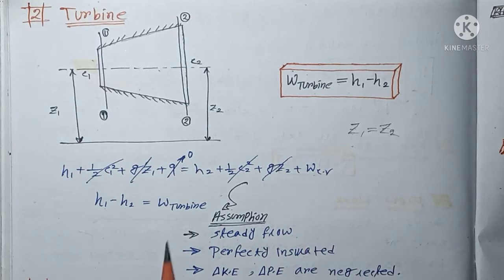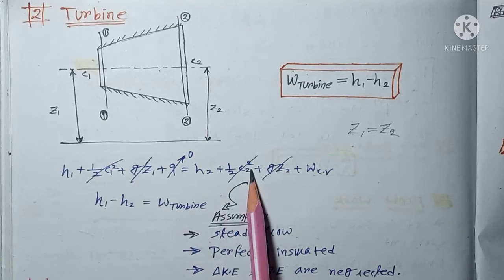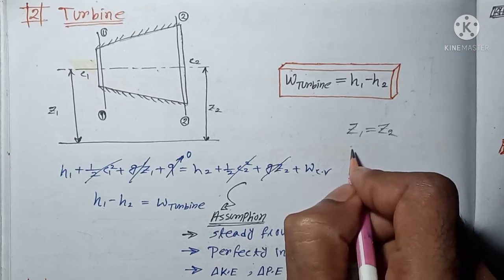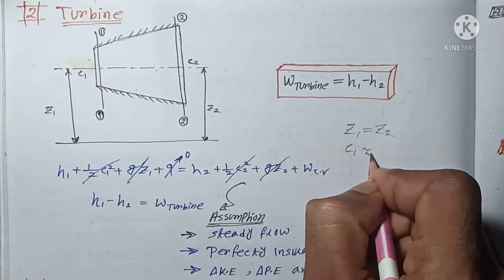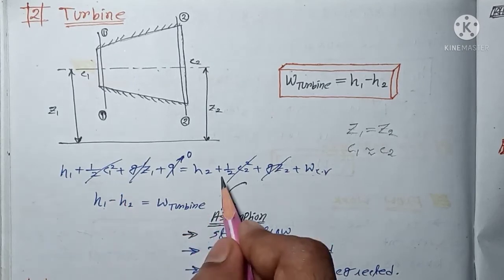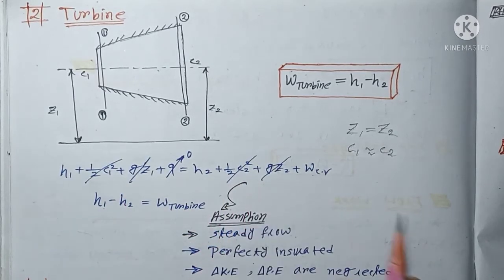Now next, C1 square and C2 square. Here approximately there is no reduction in velocity in case of the turbine, so we can assume C1 equals C2. That's why half of C1 square gets cancelled out with half of C2 square.